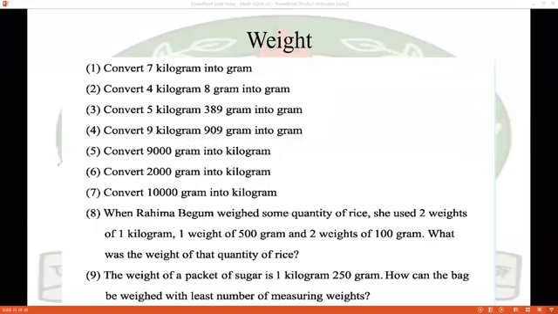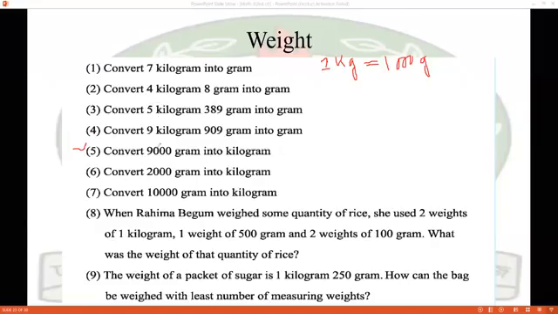Number 5, which is different from the previous ones. Convert 9,000 gram into kilogram. In the first four, we converted kilogram to gram. Now we convert gram to kilogram. So here is something different. We know 1 kg is equal to 1,000 gram. Here we convert from small units to large units.